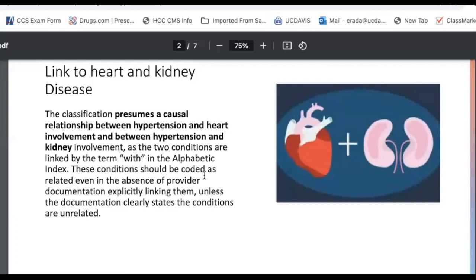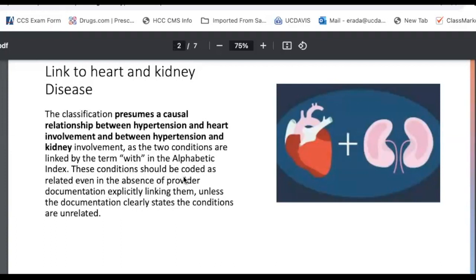This condition should be coded as related even in the absence of provider documentation explicitly linking them, unless the documentation clearly states the conditions are unrelated.